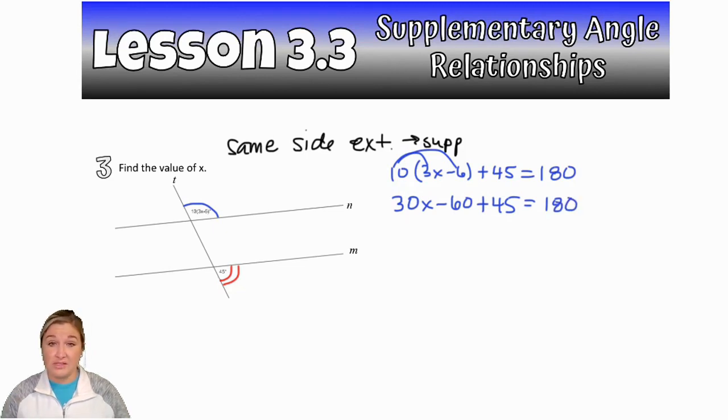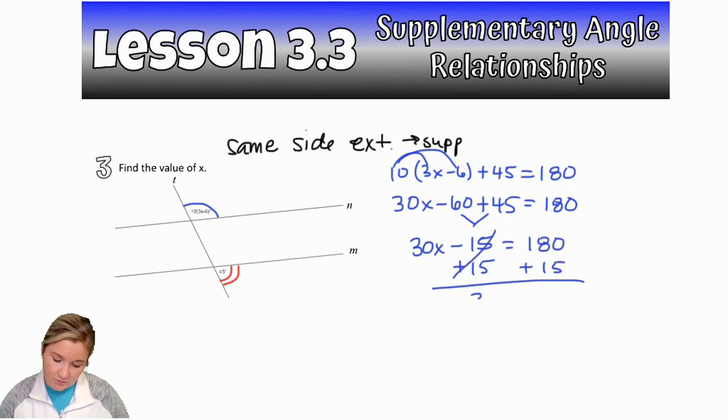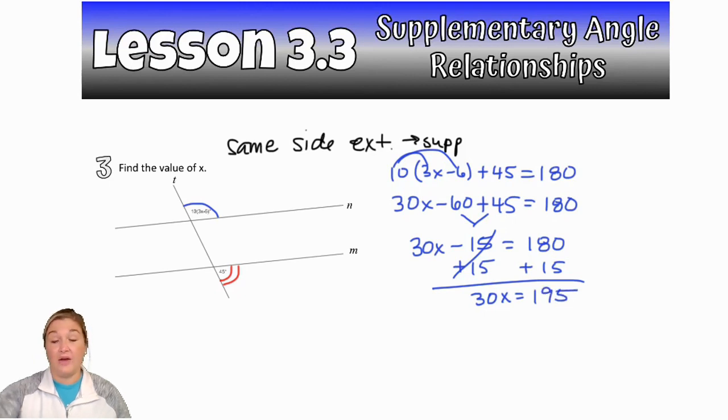Now I'm going to combine these two, and they make negative 15. So I have 30X minus 15 is equal to 180. I'll add 15 to both sides, and so 30X is equal to 195.